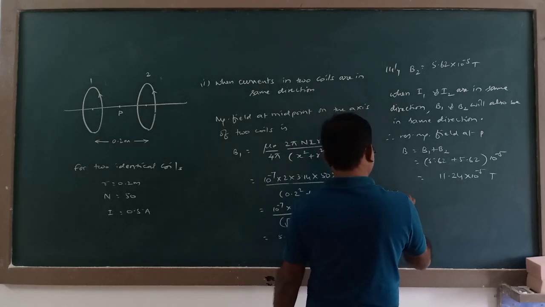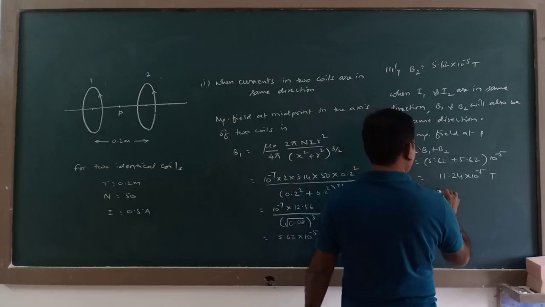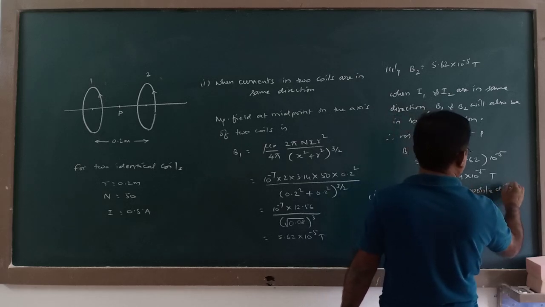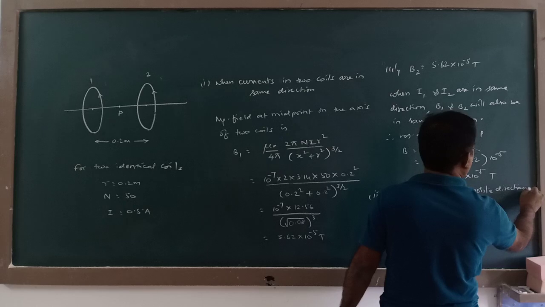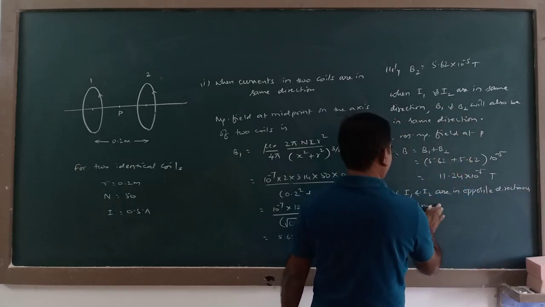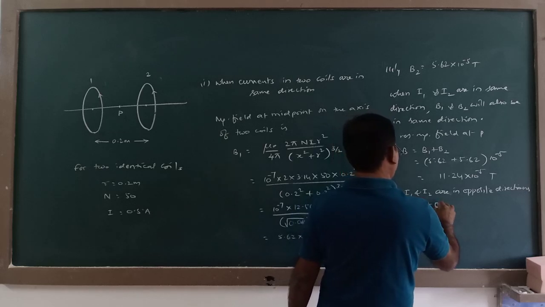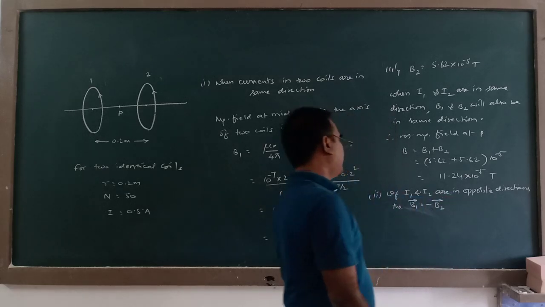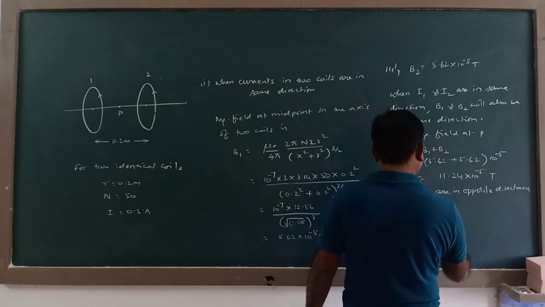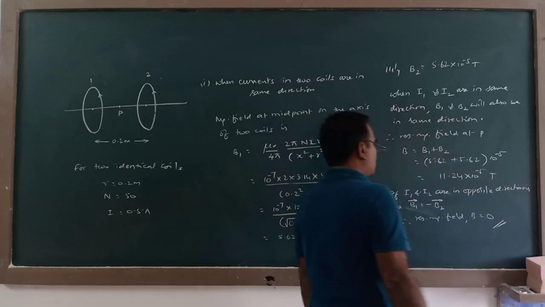Next case, if I1 and I2 are in opposite directions, B1 will be equal and opposite to B2. Therefore, the resultant magnetic field B becomes 0.